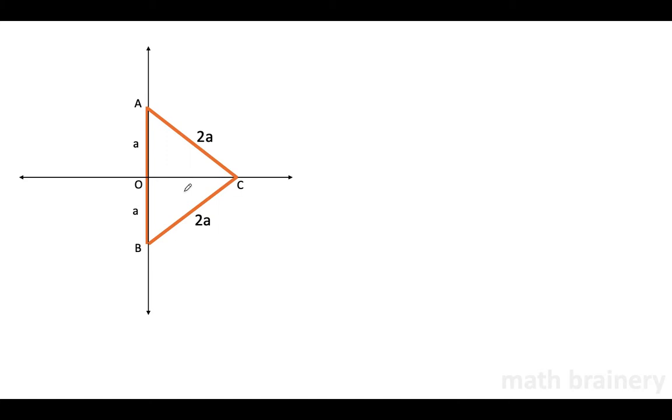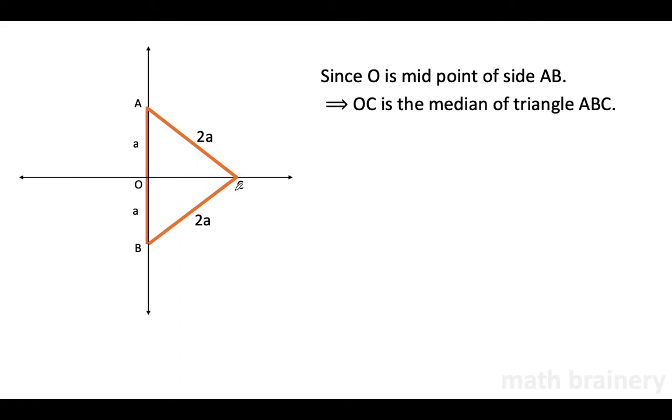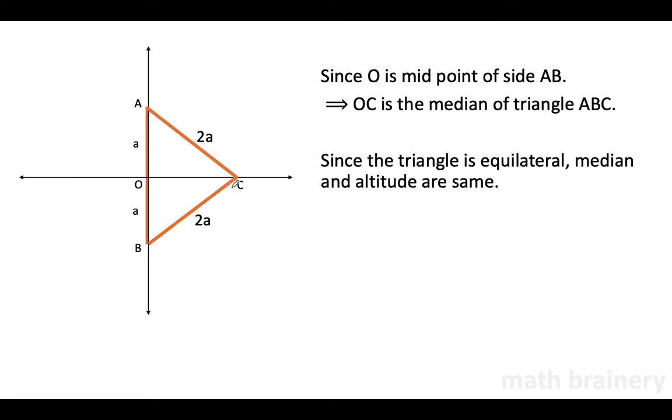We have this line OC. OC is the median of this triangle ABC, because O is the midpoint of AB and the line passing through this midpoint is what we call the median of this triangle. So OC is the median of this triangle ABC. Because this triangle is an equilateral triangle, OC will also be the altitude, because in an equilateral triangle, median and altitude are the same.